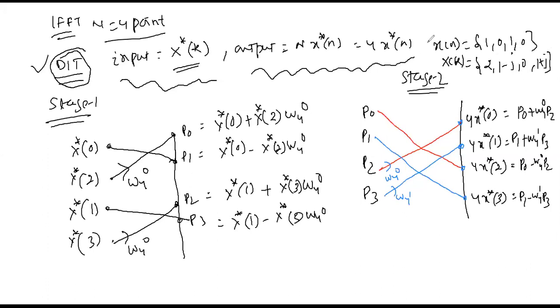Okay, now see, the input and the output are given already. Now what to do? In the case of DFT, in the case of FFT, you take x of n as input and find this x of k using the DIT and DIF algorithms. And in the case of IFFT, you take this x of k as input here, and using this algorithm, find this x of n. So I gave both sequences so that it is easy.